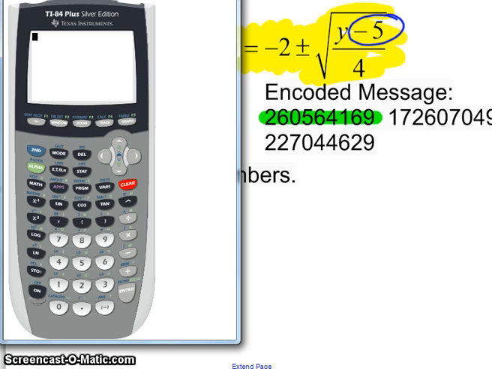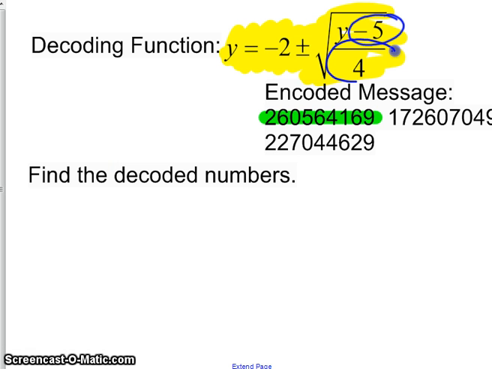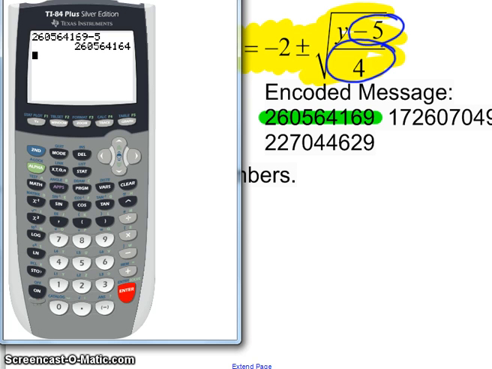All right, so I've got 2, 6, 0, 5, 6, 4, 1, 6, 9, subtract 5, enter. Okay? After I have that answer, I want to divide that by 4.